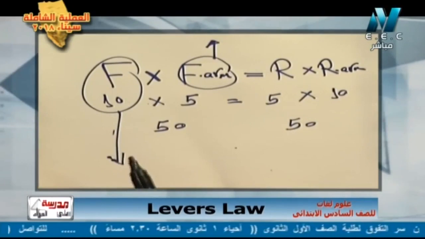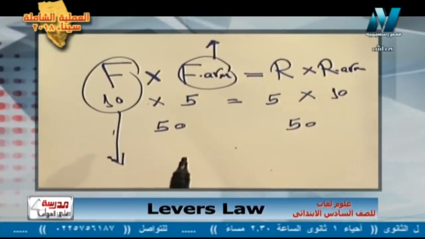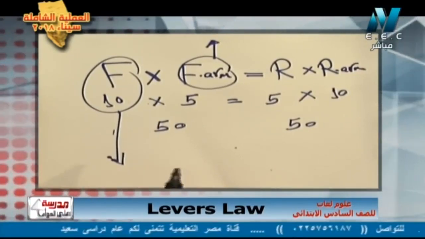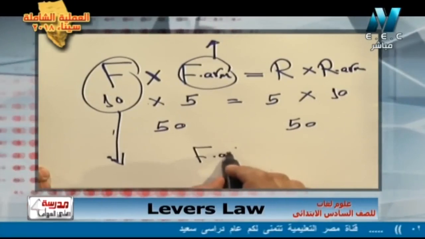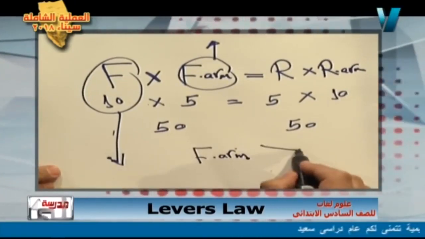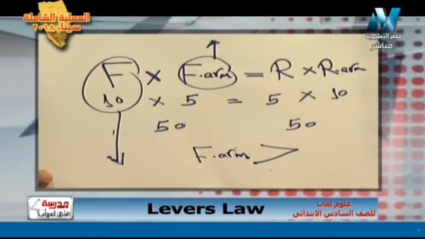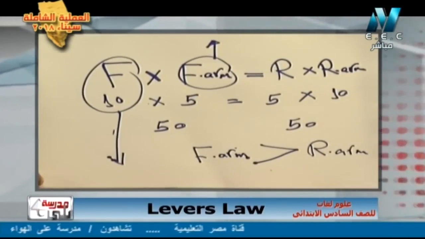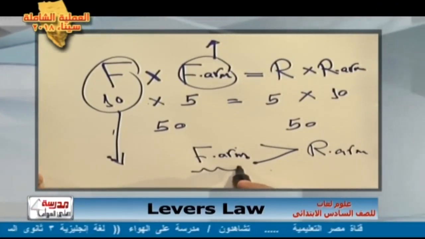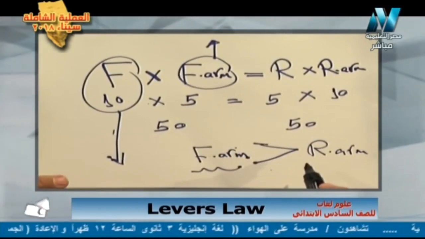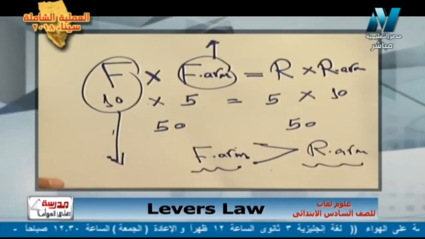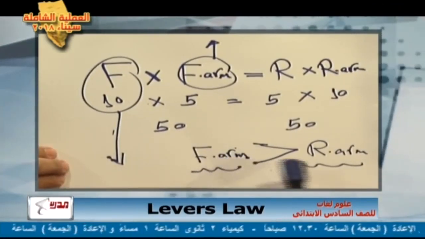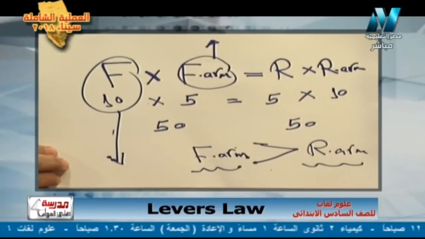So I have only one condition to say that a lever is the best type: the effort force arm must be longer than, bigger than, or more than the resistance arm. Any problem today that we will solve together, if the effort force arm is more than the resistance arm, the lever saves effort.